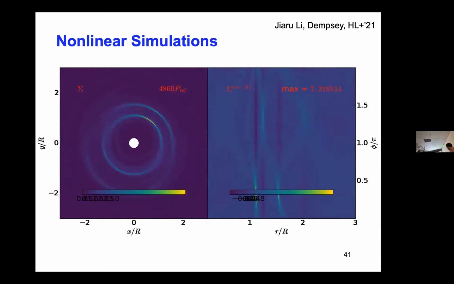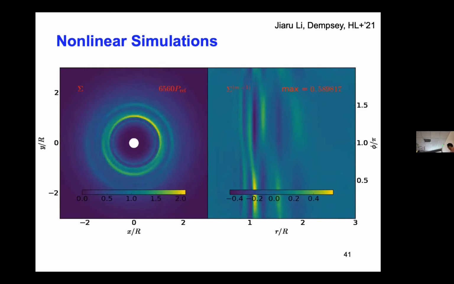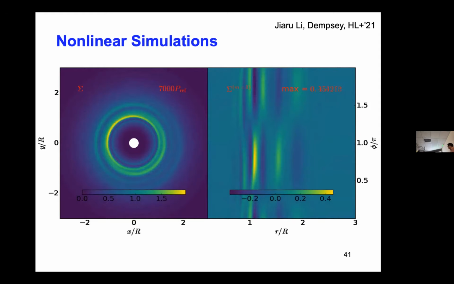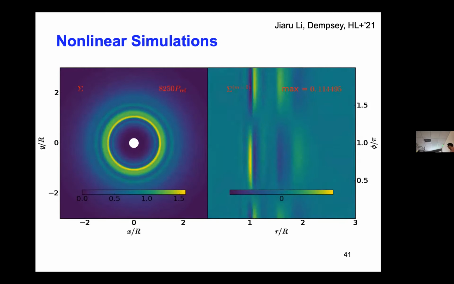And then you get another episode of spiral mode destabilizing, and then it saturates, and then it gradually evolves into multiple rings again, and you have to wait for a while.